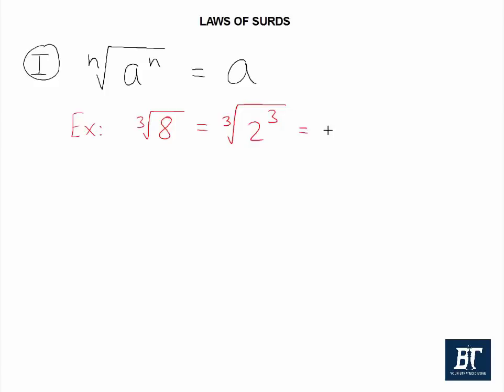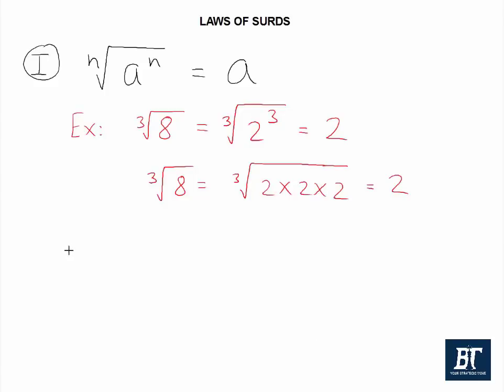If we apply the above law, we'll get this as 2. Many students have the practice of doing it this way, that cube root of 8 equals cube root of 2 into 2 into 2. Since there are three 2's, you get 2.